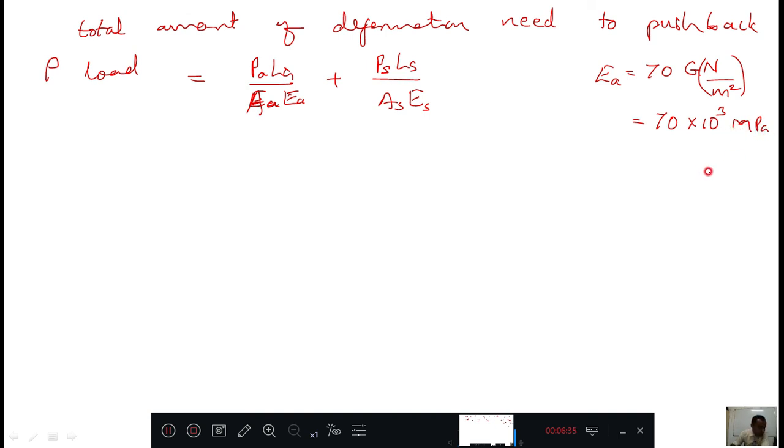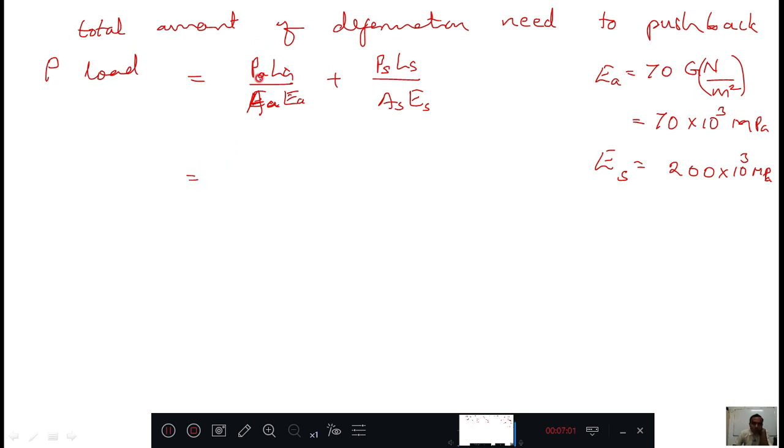Like that, E_S equal to 200 GPa is 200 into 10 raised to 3 MPa. How it is converted, you watch the first or second lecture of strength of materials. There I explained how to convert these units. Then I know everything.